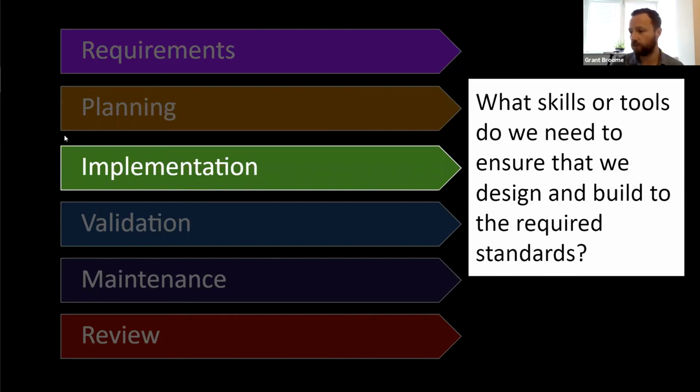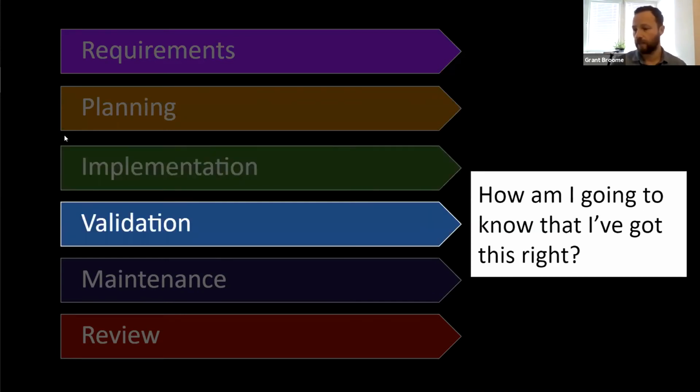Implementation, ask what skills or tools you need to ensure that you design and build to required standards. And then how am I going to know that I've got this right? This is validation. And again, this is third-party testing. Or if you've done some really good planning, you've got an excellent planning framework. At Dig Inclusion, we've got a framework called Hugger, H-U-G-R, that you can go and look at, and that will guide you through the testing process.